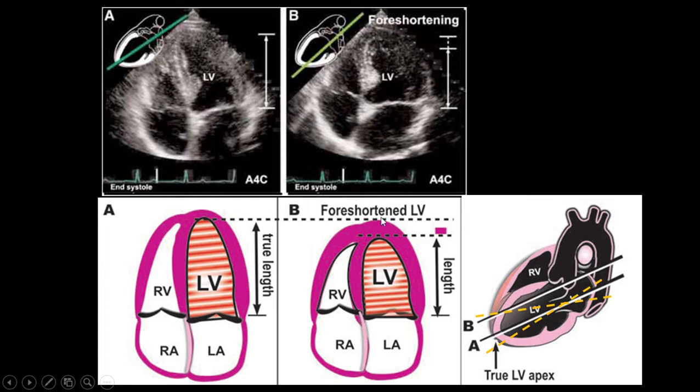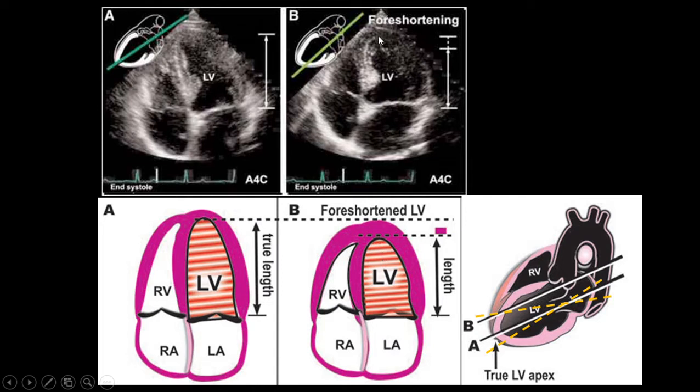Second, and the most important feature, is the thickness of the apex of the left ventricle. As we know, the myocardium at the apex and at the base is the thinnest. During systole, the endocardium only moves down from end diastole a few millimeters, and the apex is very thin.